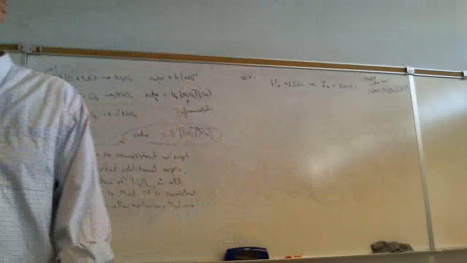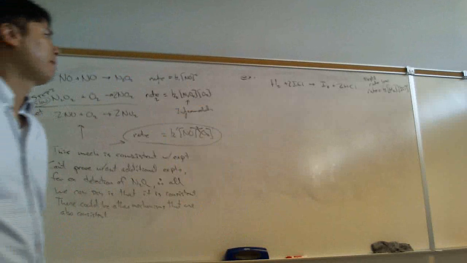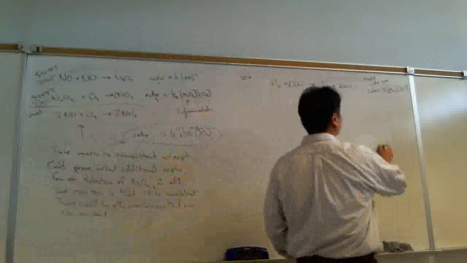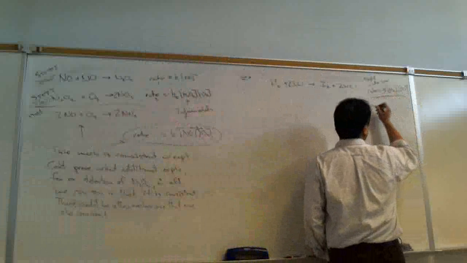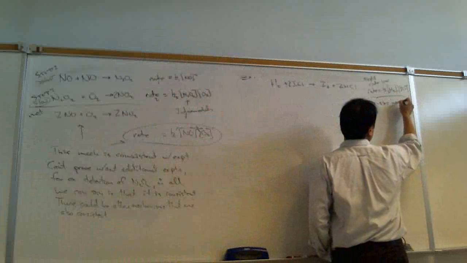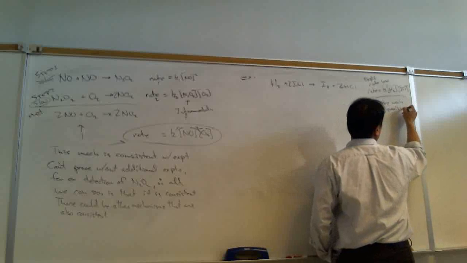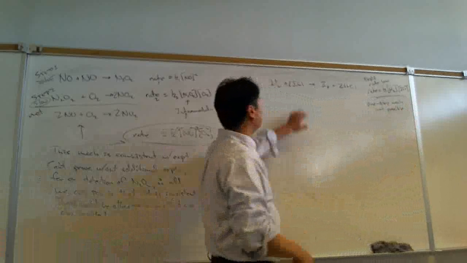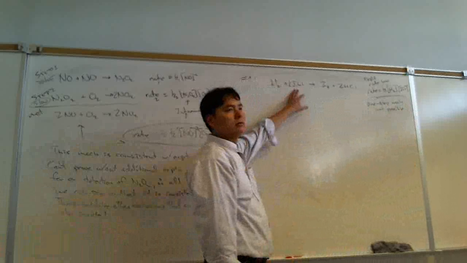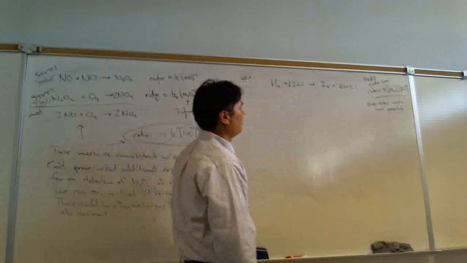Could this happen as one step? Is it possible? No. Based on this rate law, a one-step mechanism can be ruled out. If it was a one-step mechanism, then it should be second order in ICl and first order in H2.